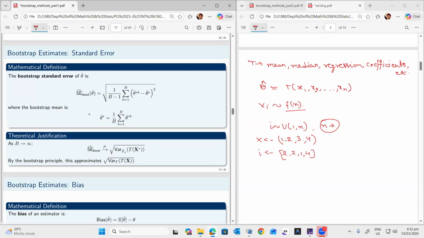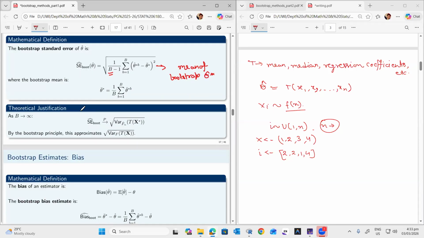That is basically the standard error of the boot theta cap equals the square root of 1 upon B minus 1, where B is the number of replications, summation b goes from small b to capital B, theta cap star b minus theta bar star, where theta bar star is the mean of the bootstrap theta cap star. So this is the formula for your bootstrap standard error.